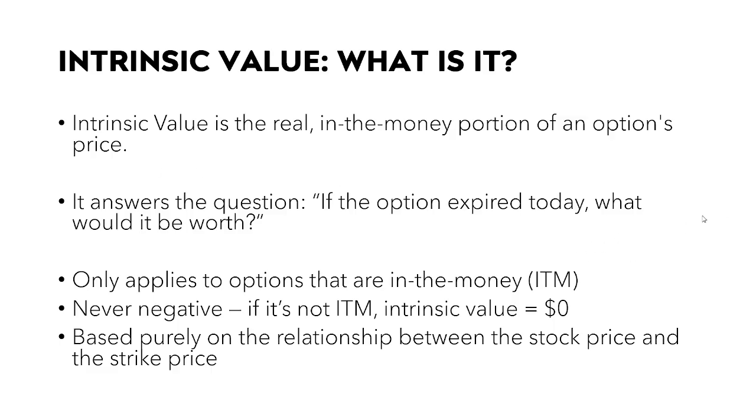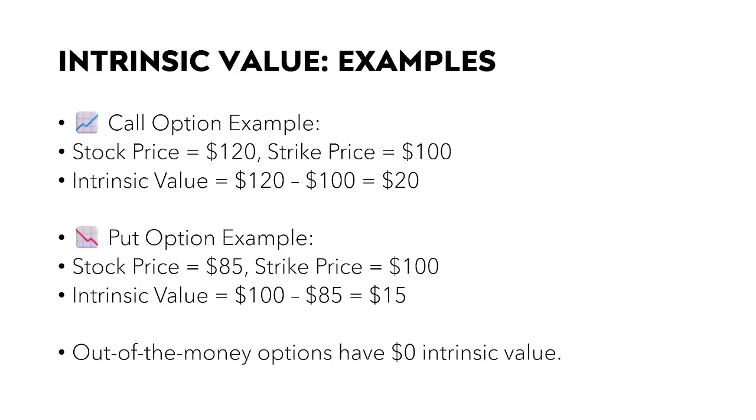Again, I don't want to do death by PowerPoint, but it does answer the question: if the option expired today, what would it be worth? This only applies to options that are in the money. It's never a negative number. If it's not in the money, the intrinsic value is 0. It is based purely on the relationship between the stock price and the strike price.